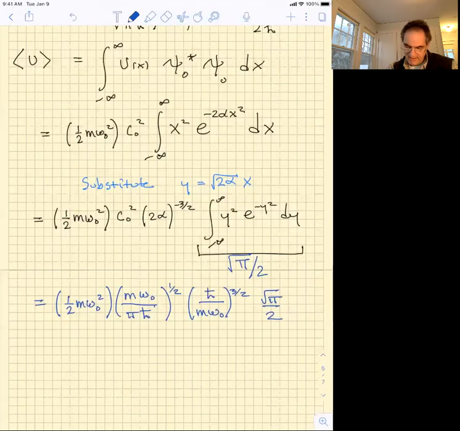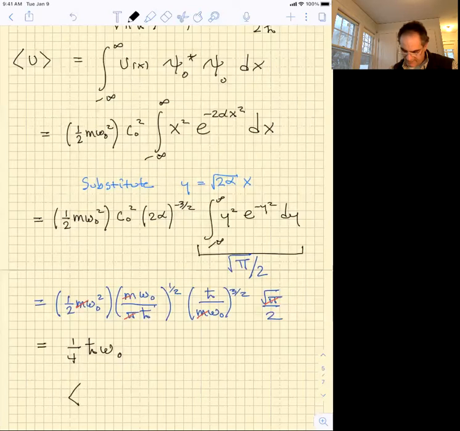Looks kind of complicated, but some things cancel out. This pi cancels with that pi, and this works out to be 1/4 h bar omega naught.